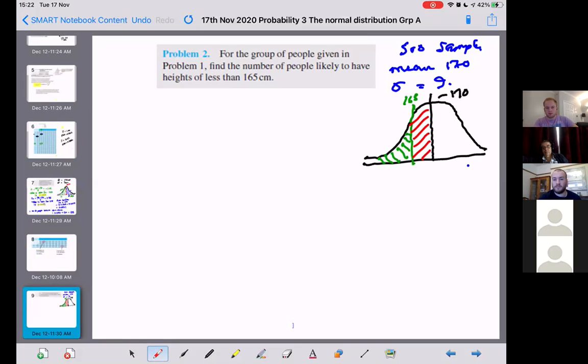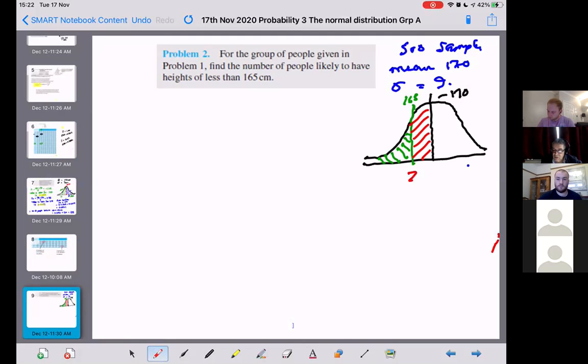Is it a half? It is half. Remember we said under the whole bell curve there's 1, so under half of it must be 0.5. So what we've got to do here is find this red area and take it away from 0.5 to give us the green area.